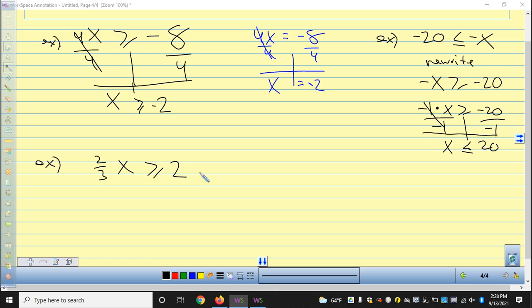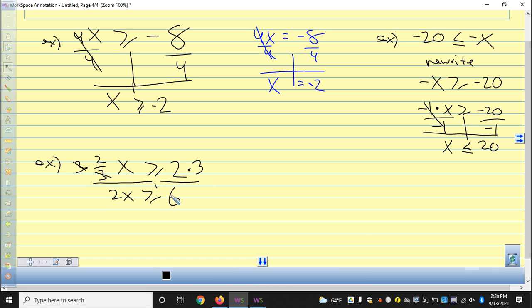We can multiply both sides by 3. So if I multiply both sides by 3, these go away, and I have 2x greater than or equal to 6. I don't switch the sign because I multiplied both sides by a positive number.